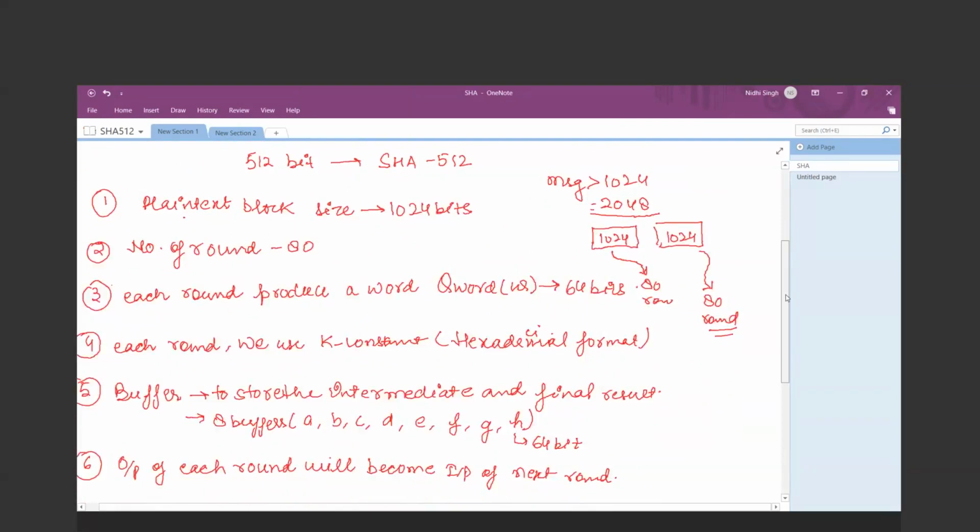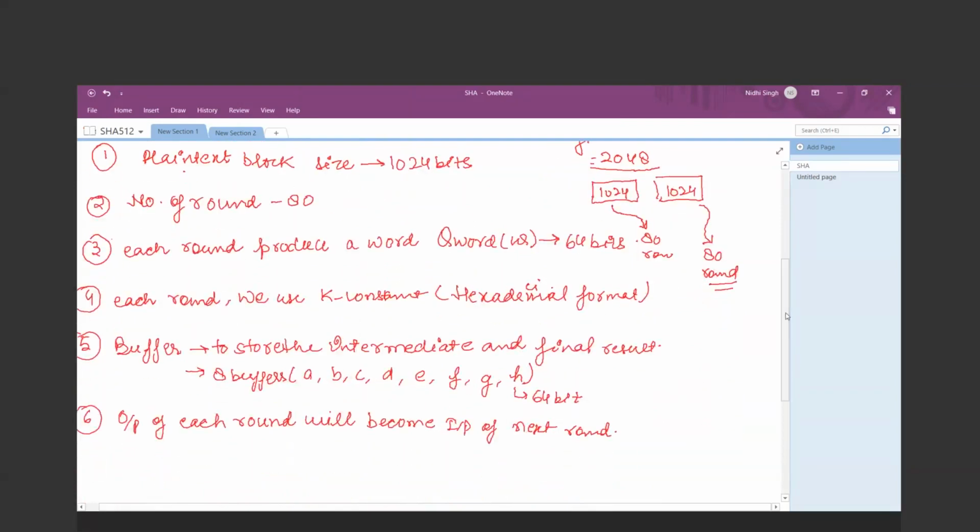The number of rounds should be 80, and the outcome of each round will be represented as a word. In order to store that word, we have to use the 8 buffers. For performing operations on each round, we have to use the K constant. This K constant will be provided to you as a table in hexadecimal format. And the important thing is that the output of each round will become the input of the next round.